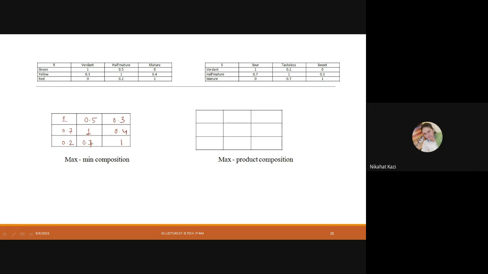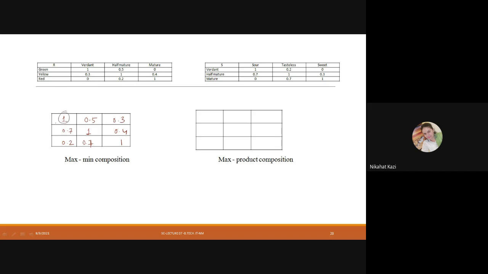And what I suggest, if this is asked as part of problem solving, then you should write the mathematical formula for each of these compositions. You should also show one or two computations by hand, not all, but at least one or two for each, showing how you arrived at a particular value.